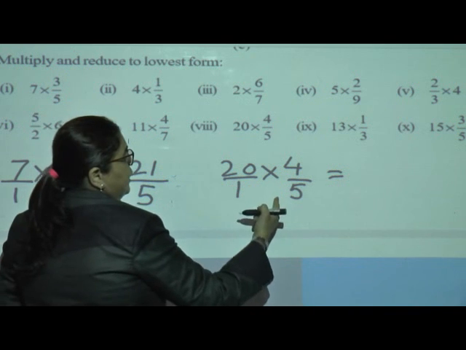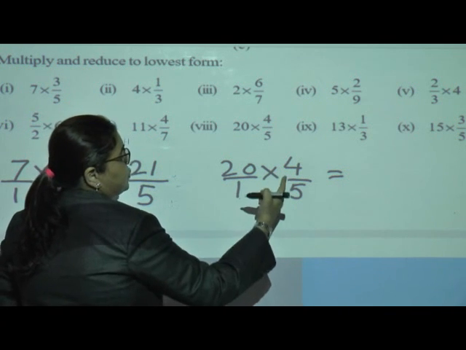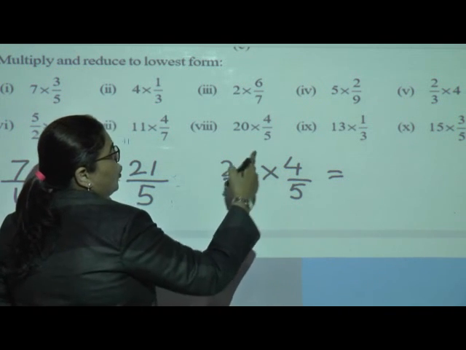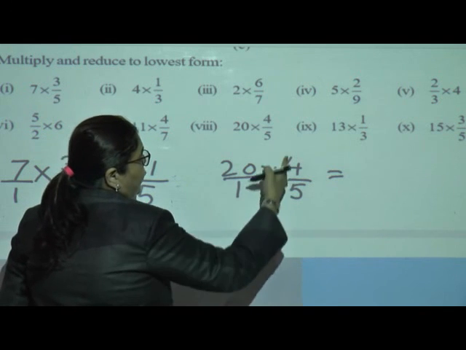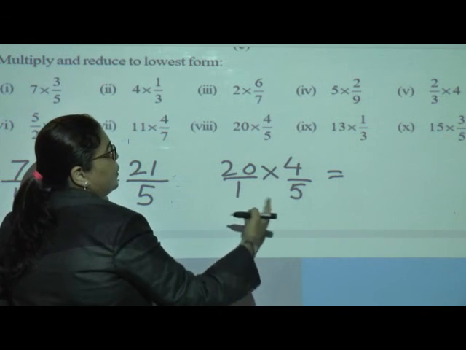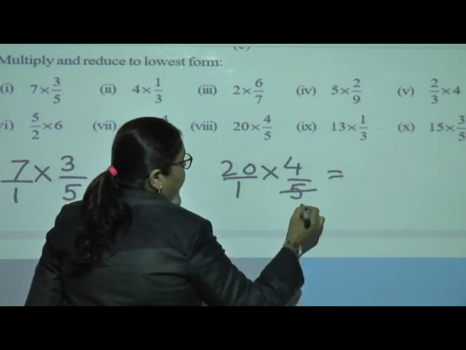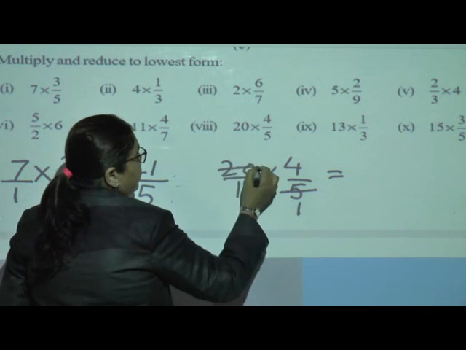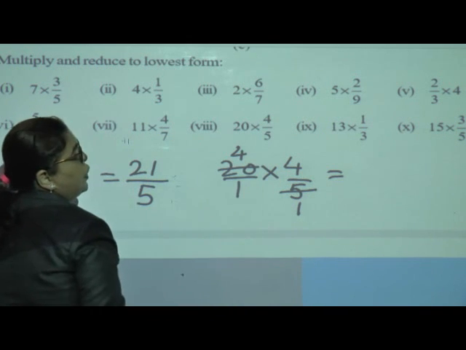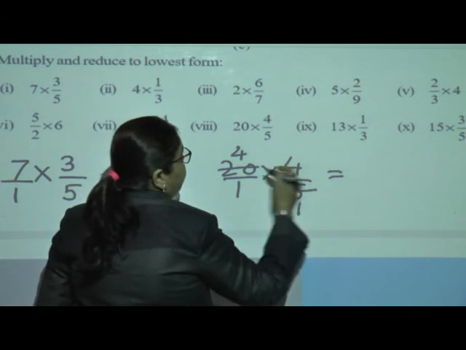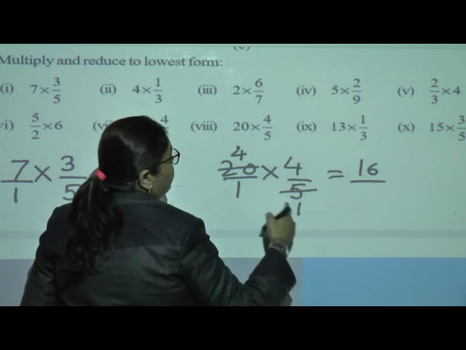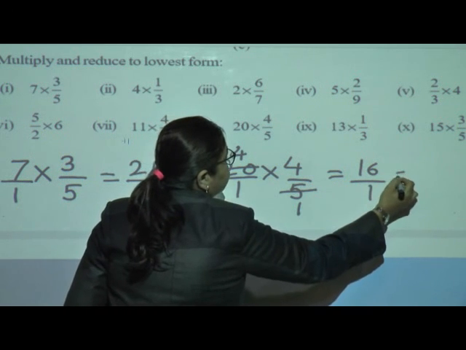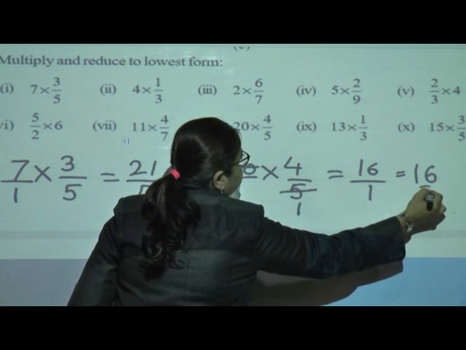You can reduce denominator to numerator or numerator to denominator, crosswise or up and down. Here 5 1s are 5, 5 4s are 20. Now 4 4s are 16 upon 1 1s are 1, which is equal to 16.